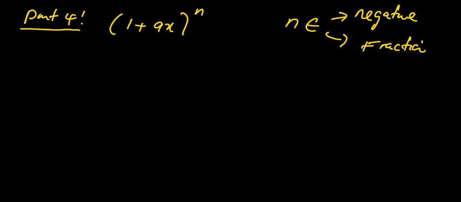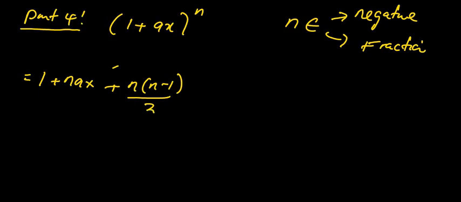If the first term is not a 1, but the power is either negative or a fraction, you have to always make your first term a 1 before you apply the following formula, which states that the expansion is going to be nax. This is ax, this part. Then we are having plus n(n minus 1) over 2 factorial.